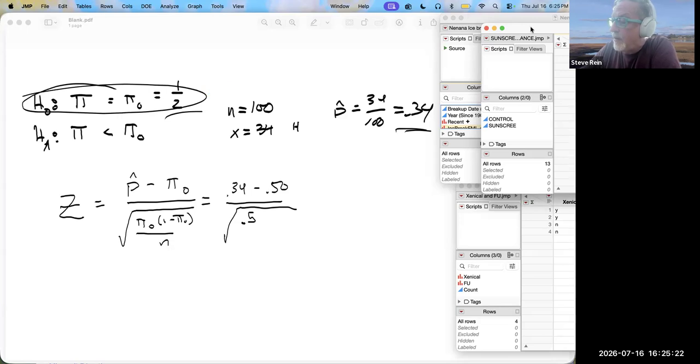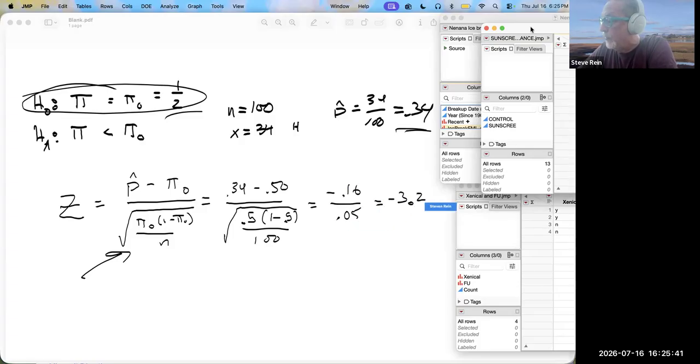Notice that in the denominator here, we're assuming that pi is pi naught and known to be 0.5. 0.5 times 1 minus 0.5 all over 100. In our case here, we get negative 0.16 over 0.05, and that's negative 3.20. So yay, I got a z-value of negative 3.20.